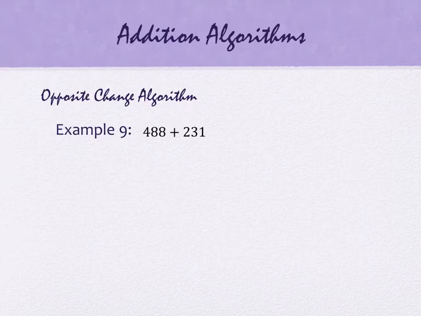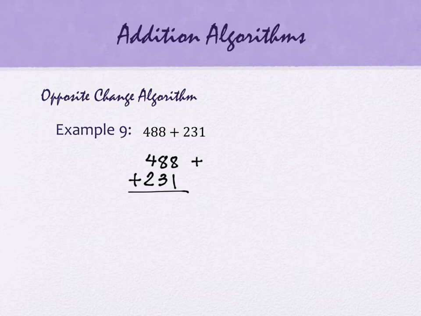Okay, so we do it a place value at a time. So we've got 488 plus 231. And again, I'm going to write it horizontally because that's how addition is typically done with kids at this age, this horizontal or this vertical description like this. So what I'm going to do is add the number 2 to the top value. And why am I going to do that?